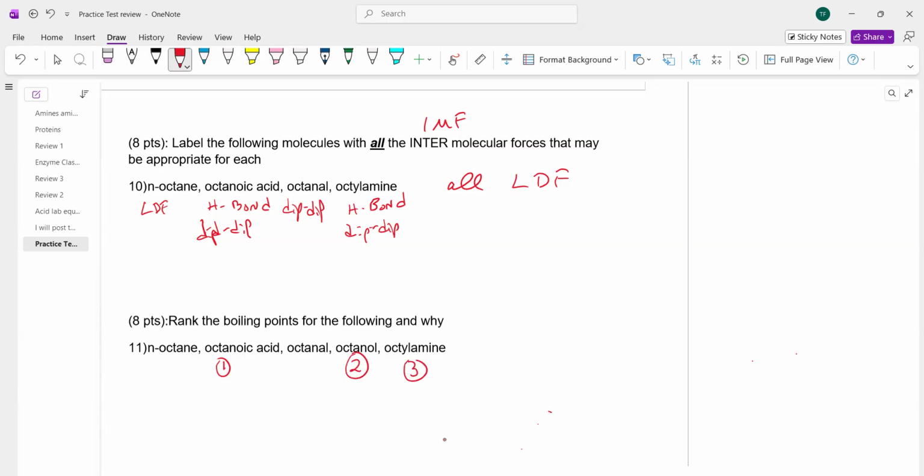Then the aldehyde. And last would be the alkane. Why? The strongest IMF generates the highest boiling point.